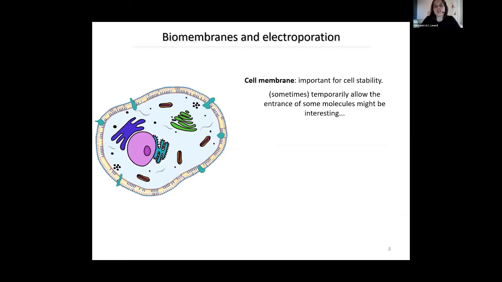Although this barrier created by the cell membrane is very important for the cell stability, sometimes it may be interesting to temporarily allow the entrance of otherwise impervious substances. Particularly, electroporation is a technique that consists in the opening of transient pores in the membrane in response to the application of a high-intensity electric field.